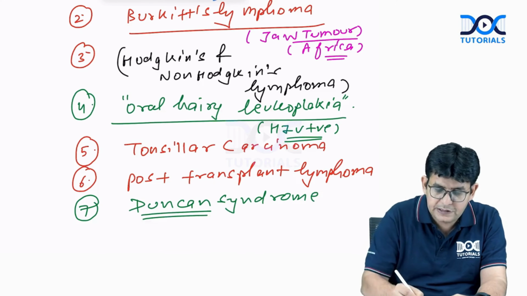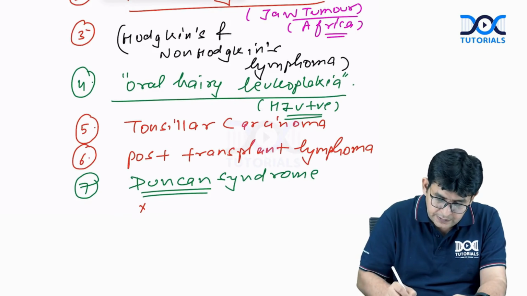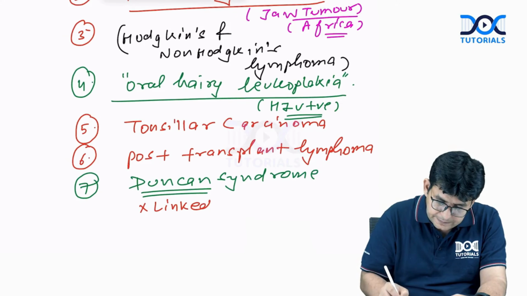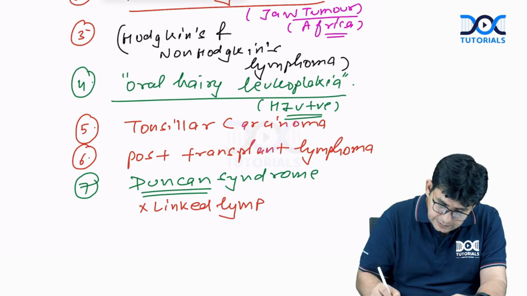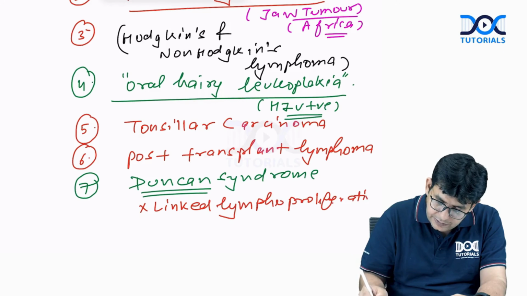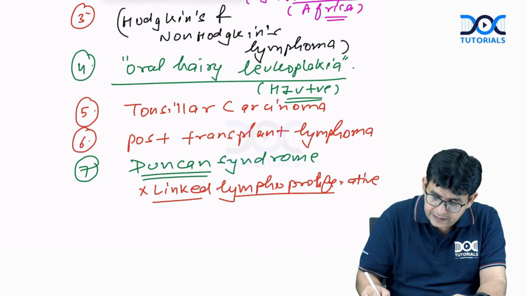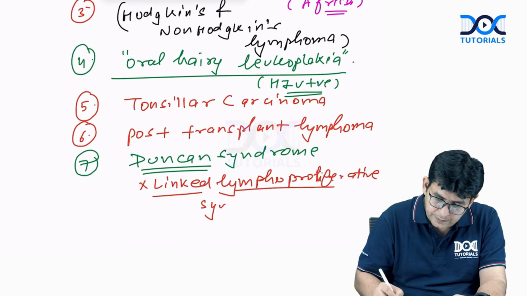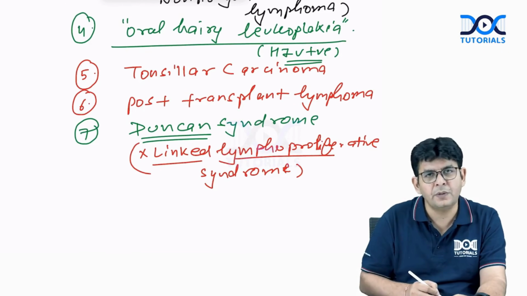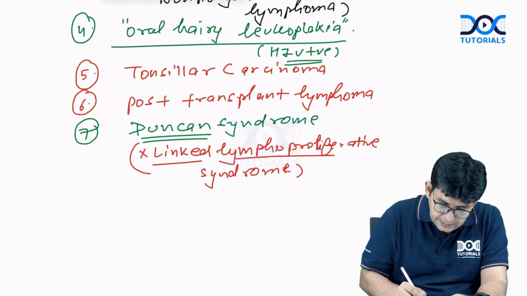Okay, Duncan syndrome. And what is Duncan syndrome? X-linked lymphoproliferative syndrome. That is termed as Duncan syndrome. Okay, so this is also one of them.